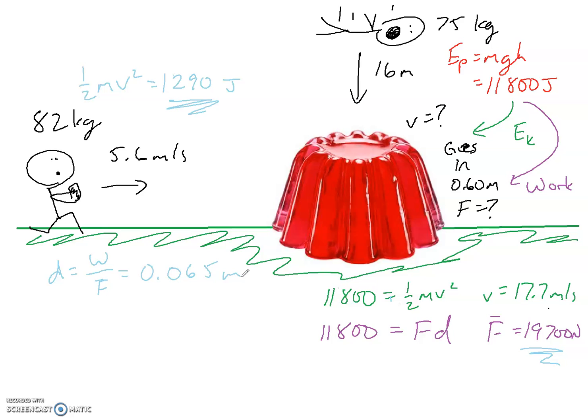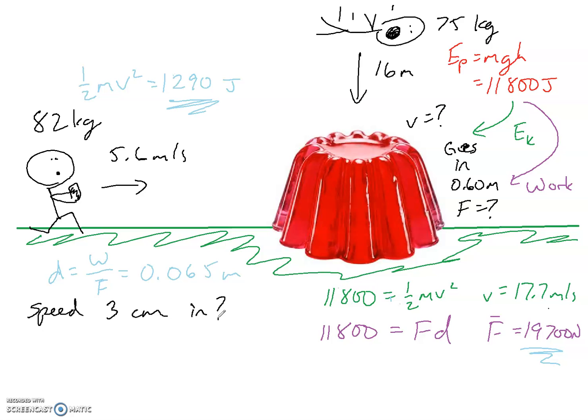So let's build on this a little bit more. Let's find out what his speed was. How fast was he still going 3 centimeters into the jello? Okay, so he's going into the jello 3 centimeters, and obviously still going, so it's about almost halfway there. But let's see how fast he was going when he was 3 centimeters in.